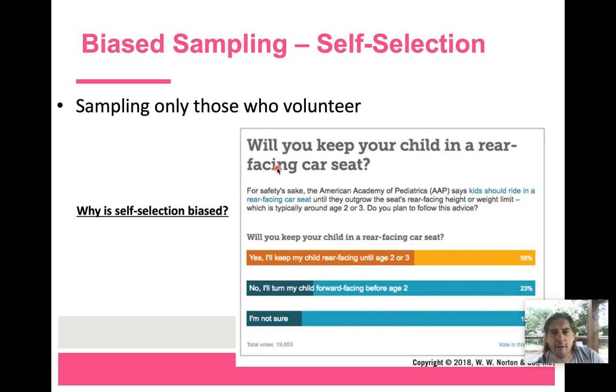And so, for safety's sake, the American Academy of Pediatrics says kids should ride in a rear-facing car seat until they've outgrown the height or weight limit around the age of 2 or 3. Do you plan to follow this advice? And we see that the answers are almost 60% of people say yes. That's actually kind of terrible. We would hope that it's higher. We would hope that people would follow that advice more.